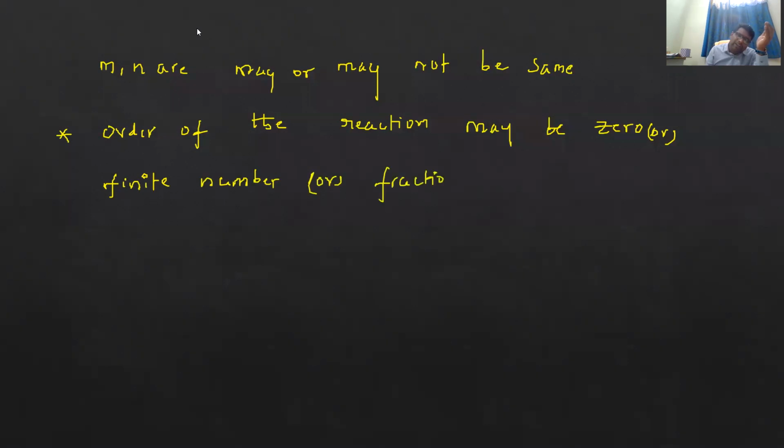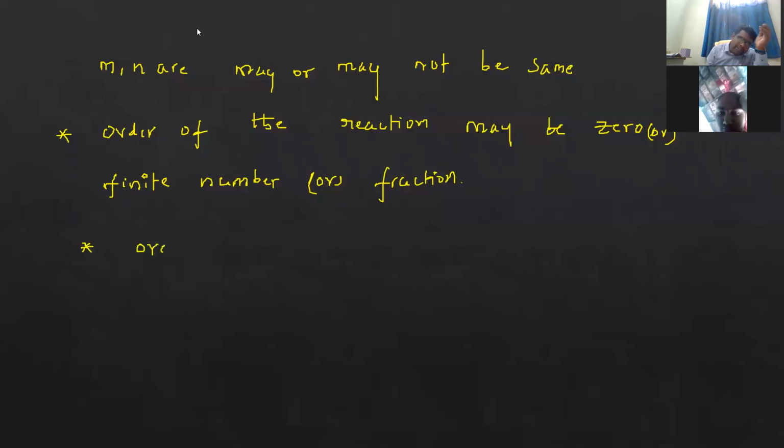Order of the reaction does not exceed 3. That means a fourth order, fifth order, or seventh order reaction is not possible. Only zero order, first order, second order and third order reactions exist. Write down that point also.